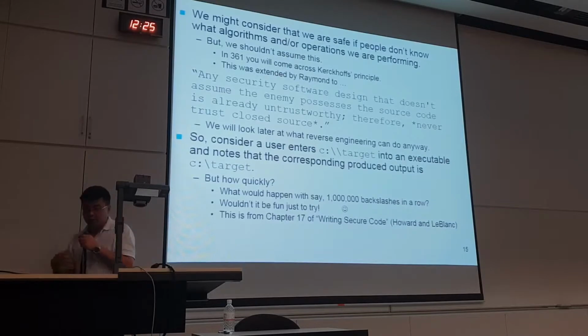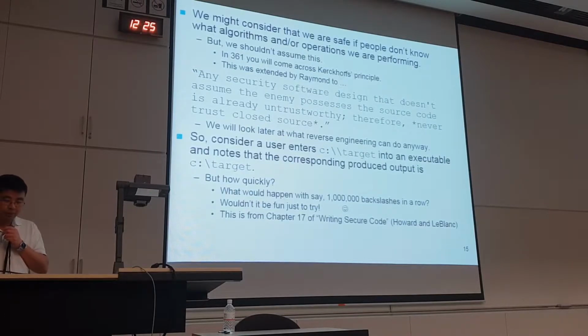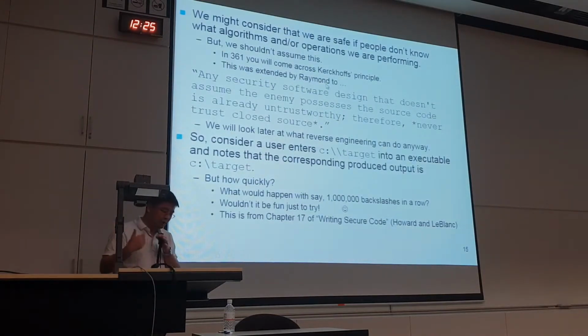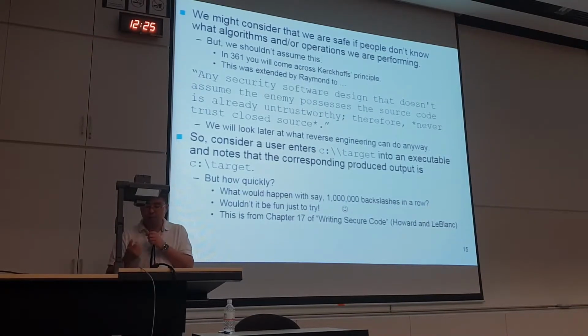Also, there is one principle, Kirchhoff's principle, which was later extended by someone else. We should never rely on the secrecy of closed source. We should not rely our security on the secrecy of the code. That's something we need to avoid.